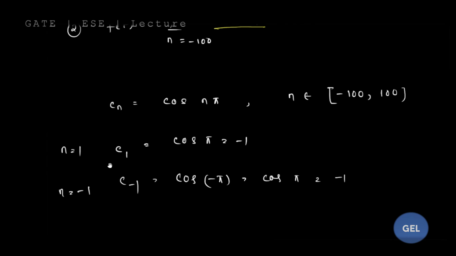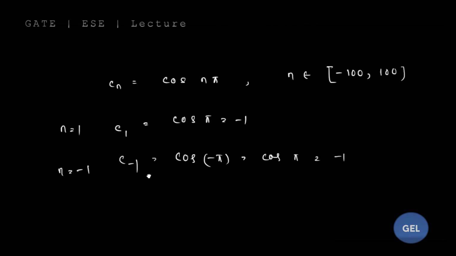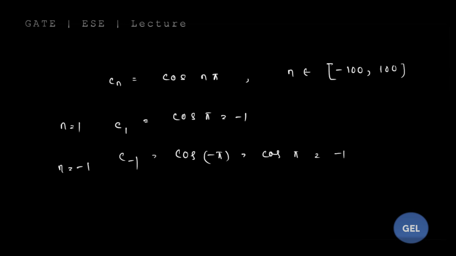So you can see c of 1 is equal to c of minus 1. That means c of n is equal to c of minus n; taking the conjugate also works, no problem.